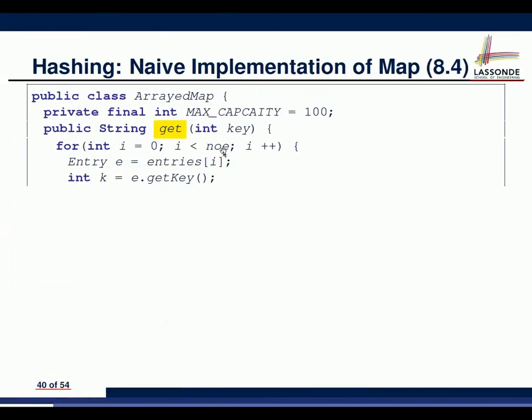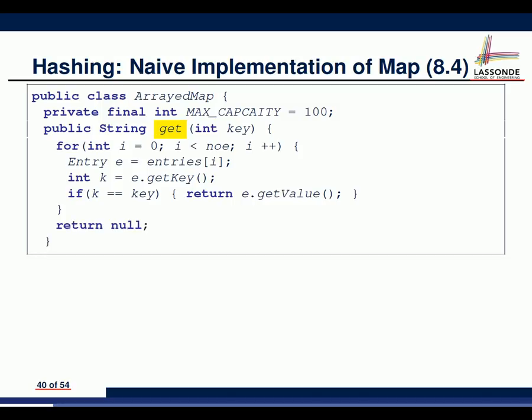Then for each one of them, we simply get the entry we're looking at, and also we get its key. And then we do an if statement here. If k is exactly equal to the key we are looking for, then we return the value. That's the get method. And if we can reach the point of getting out of the loop, that means we haven't found the key. Just return null.